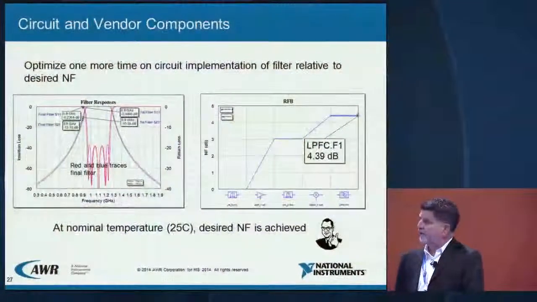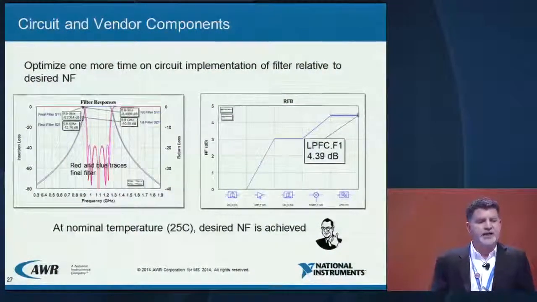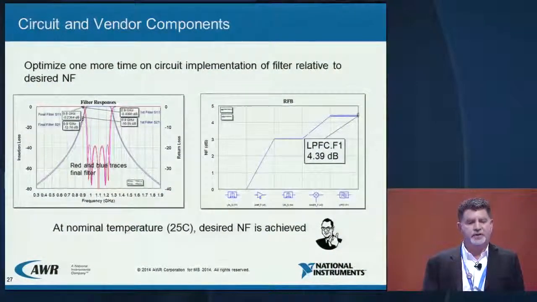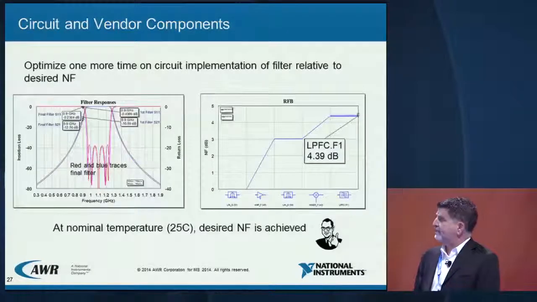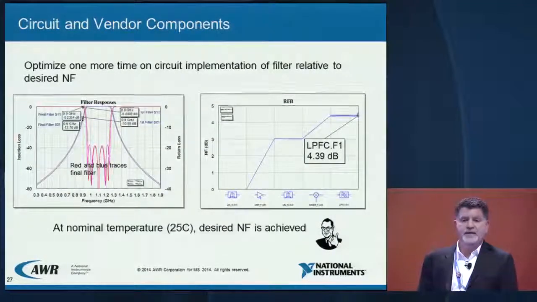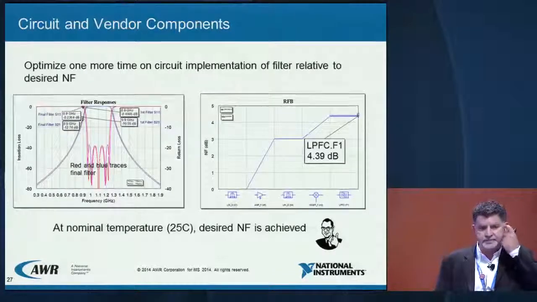So what are we going to do? We're going to go back to that filter, and we're going to further optimize on the skirts to reject slightly more noise at the image frequency. So I have my optimization goal here, and here at my nominal temperature of 25 degrees C, I can get 4.39 dB of noise figure.